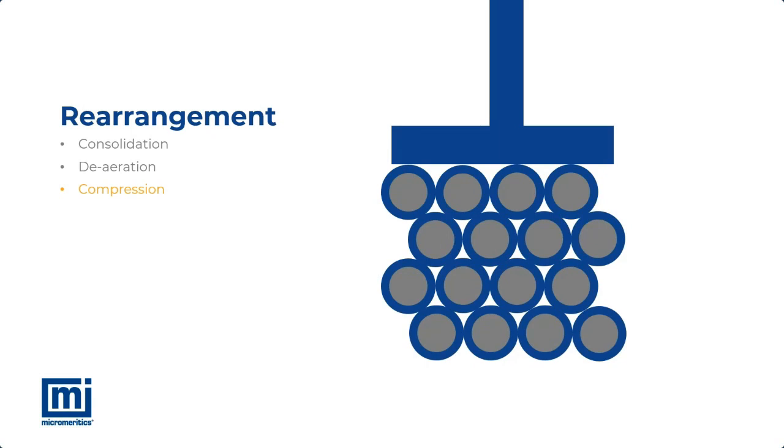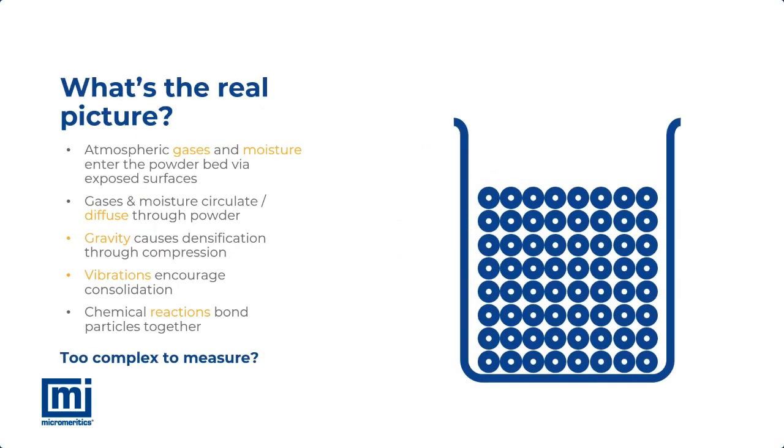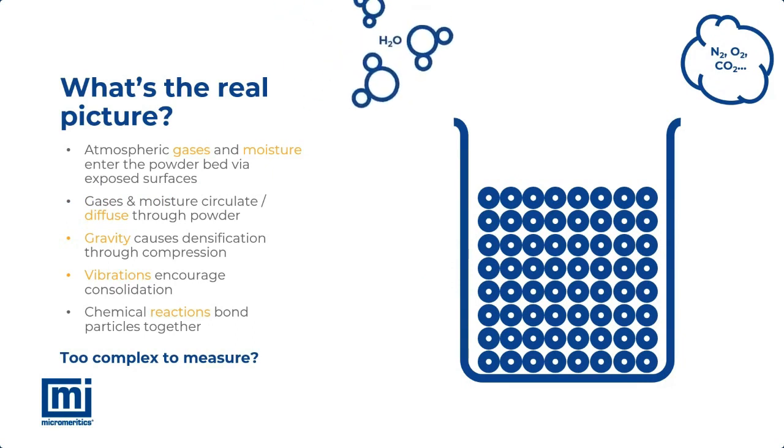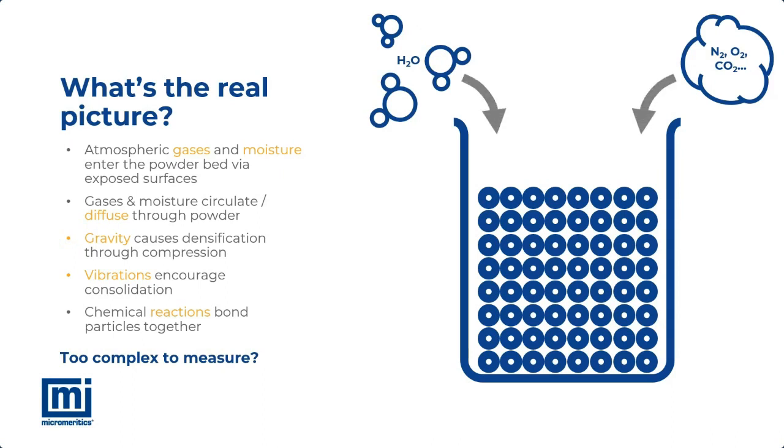So, what's the realistic picture then? In reality, it's unusual that we'd have a single caking mechanism responsible for all the changes we observe through the powder bed. Much more likely is that we see a combination of these factors, all acting together to alter the behaviour of our powder. If we take a particular sample of powder, we'll observe atmospheric gases, particularly those containing moisture, entering the powder bed through exposed surfaces and then circulating through the bed, slowly diffusing depending on the particular geometry of the system.